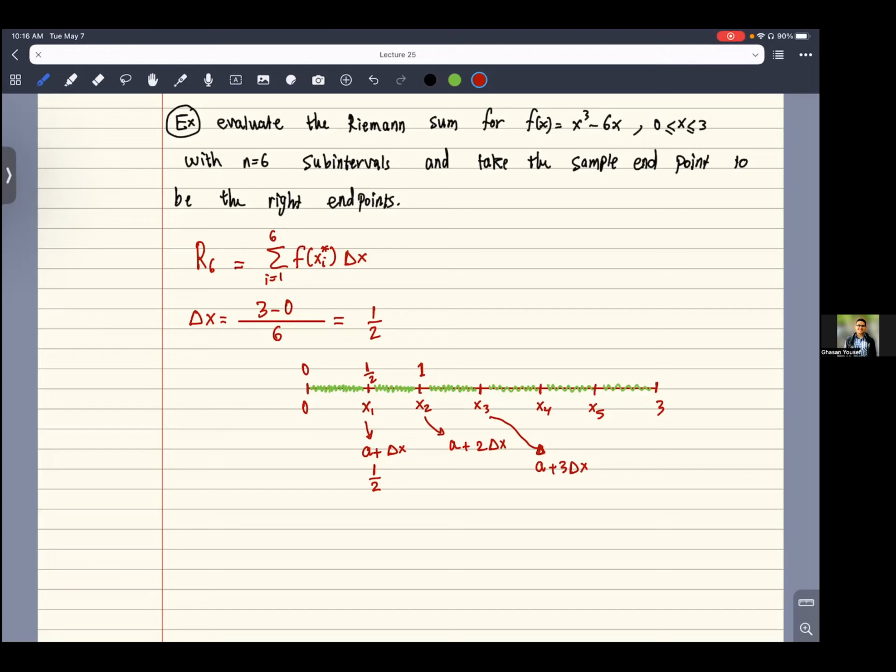So x3 is the same as 1 plus delta x, so it's 3/2. Exactly, 3/2. And the same for the next point: 3/2 plus delta x. What is delta x? It's 1/2. So 3/2 plus 1/2 is 2, correct. And here 5/2. And here 6/2, which is the same as 3.